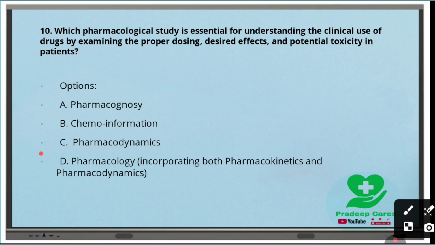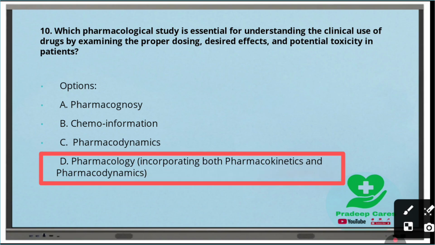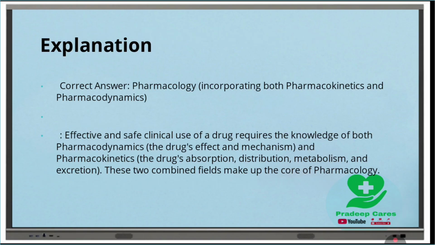And the correct answer for the question is option number D. Explanation. Effective and safe clinical use of a drug requires knowledge of both pharmacodynamics, the drug's effect and mechanism, and pharmacokinetics, the drug's absorption, distribution, metabolism, and excretion. These two combined fields make up the core of pharmacology.